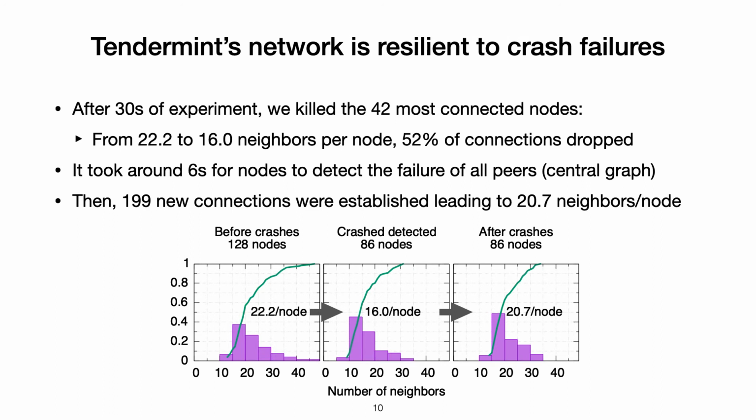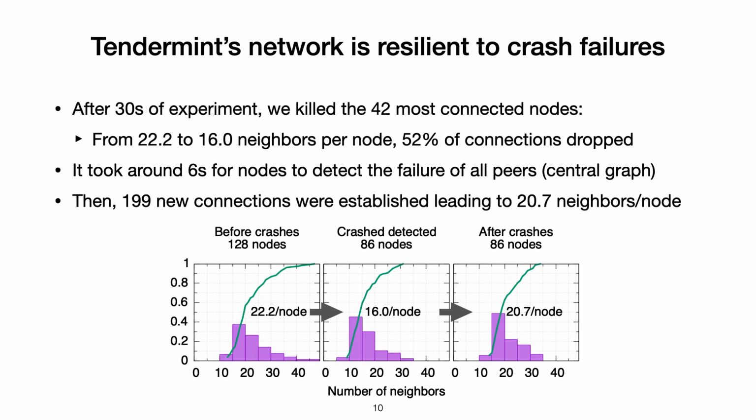In the picture below, we represent 3 snapshots of the network in terms of the number of neighbors each node has. On the left, the original network with 128 nodes and an average of 22.2 connections per node. In the center, the network when the 42 crashes were detected, which took around 6 seconds, with 16 connections per node.